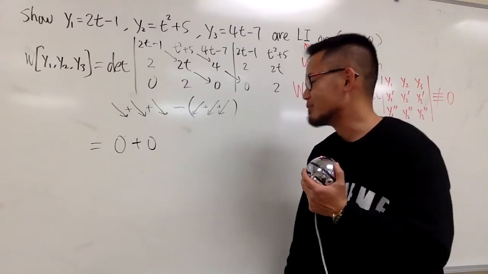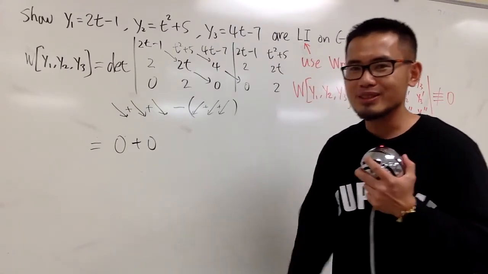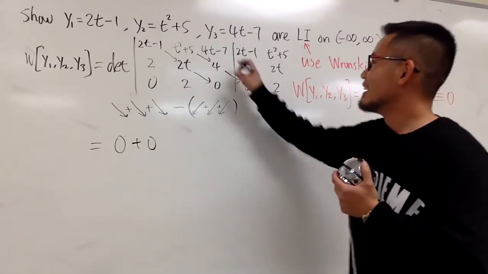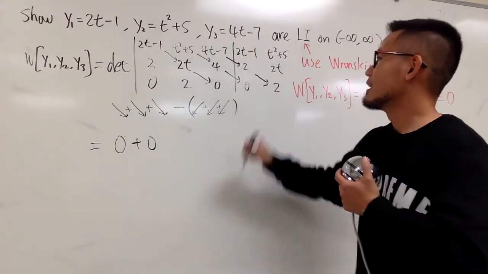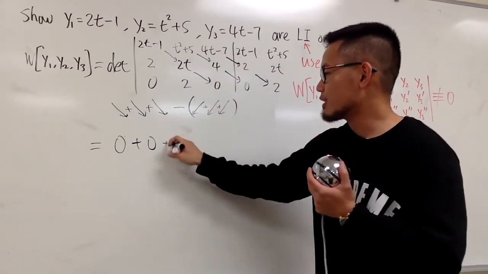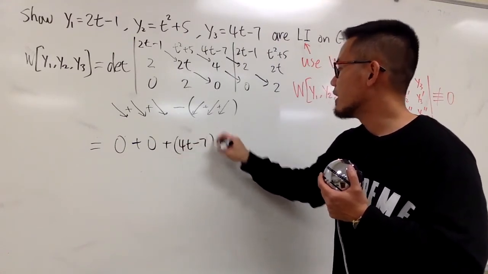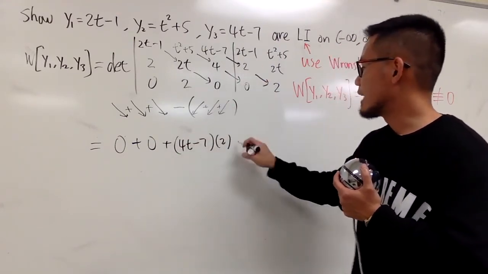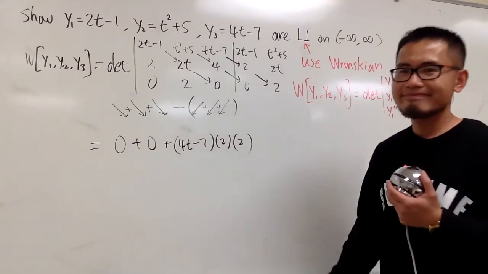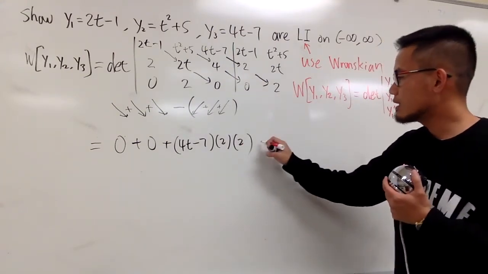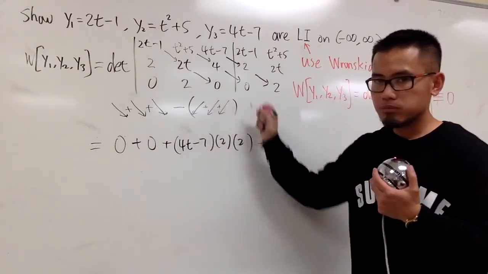It's kind of suspicious because I have a lot of 0s, but just check this out. Next, I'll do this times that. So I will have to actually put down some work now, right? Parentheses 4t minus 7 times 2 times 2. All right? And now I will be subtracting.